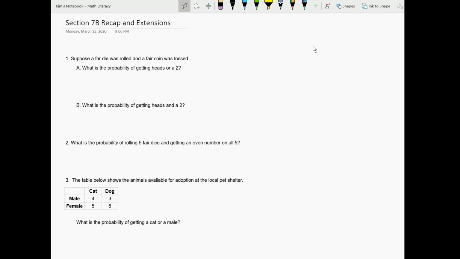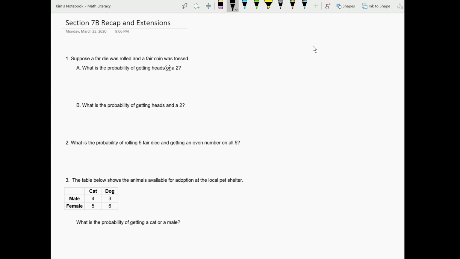You could do this a couple of different ways. You could list out all of the outcomes and figure out your favorable outcomes, but we're going to use the fact that this is an OR probability. My reference sheet says that if I have an OR probability, I have to figure out if it's overlapping or non-overlapping. Getting a heads or a two is non-overlapping.